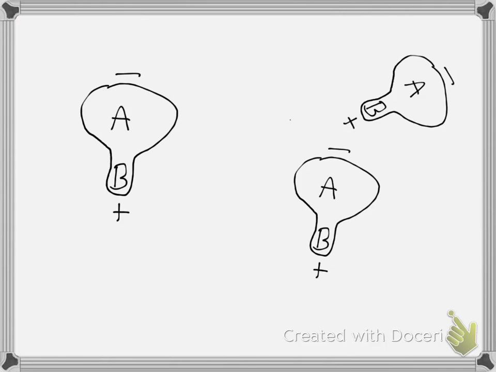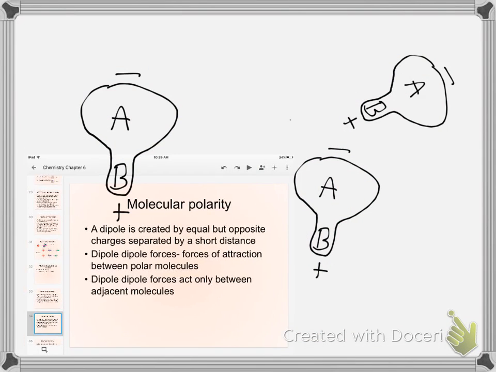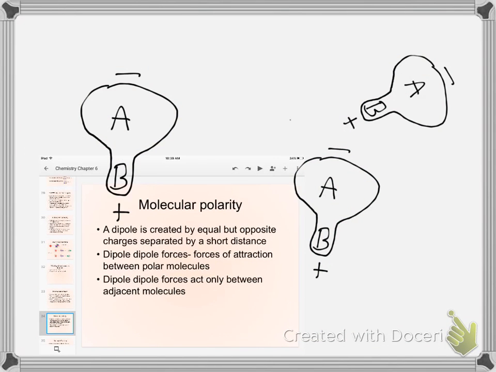Okay. And that, I think, makes more sense of the slide, that we have these equal but opposite charges, and they're close. So it's only when they're right next to one another, it's not all the time, and it's sort of transient.